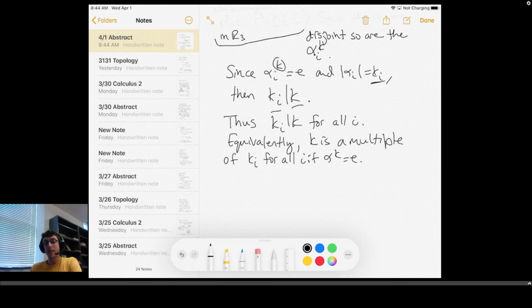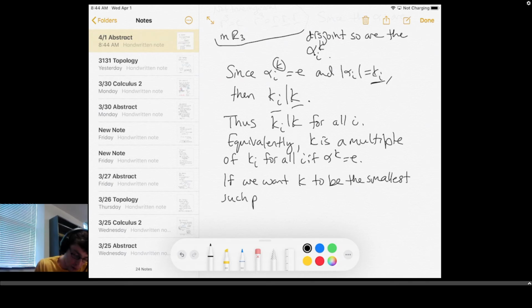So if we want k to be the smallest power, what must be true? Well, we know it has to be a multiple of all of them. You want the smallest multiple. That's exactly the definition of the LCM, right?